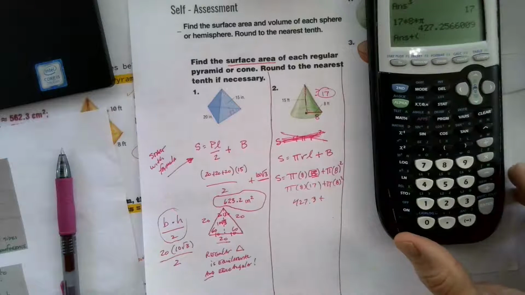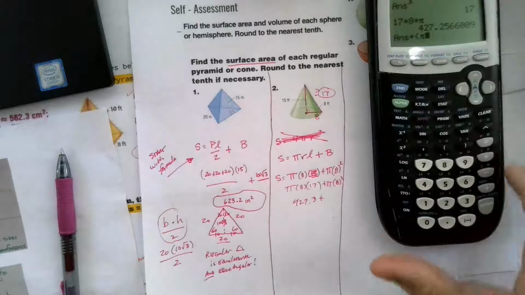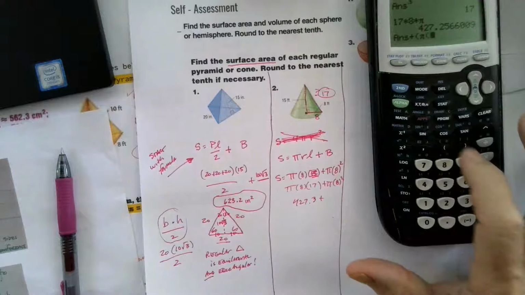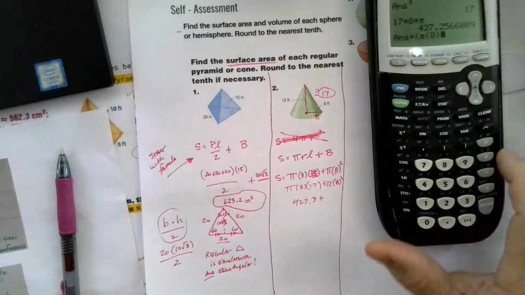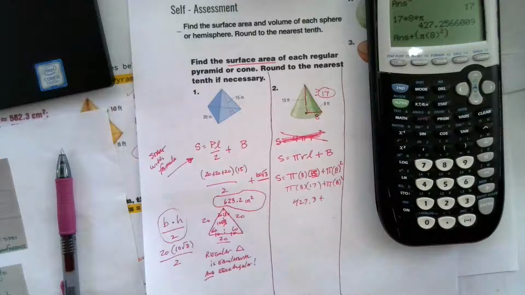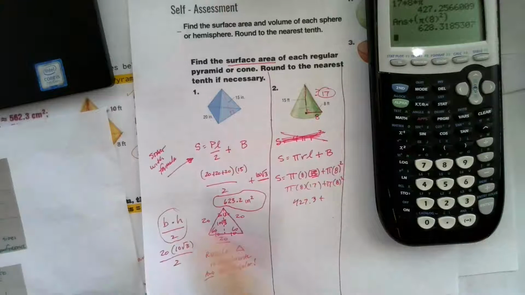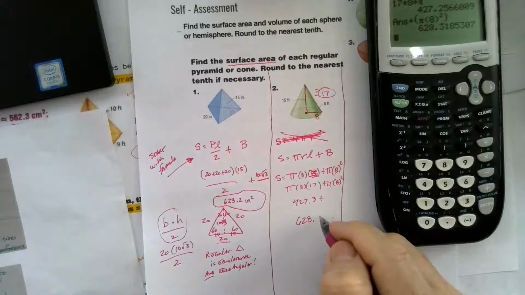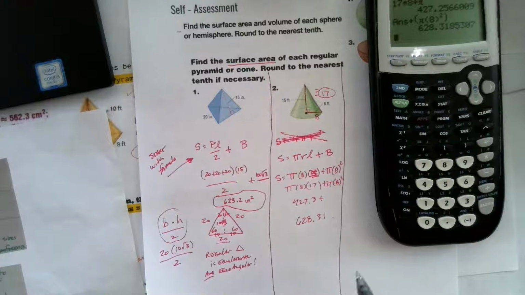It's pi r squared, so pi times 8 squared. Notice how I'm using the parentheses. I'm being real careful to use parentheses to make sure that everything is separated. And so I've added it all together to get 628.31.